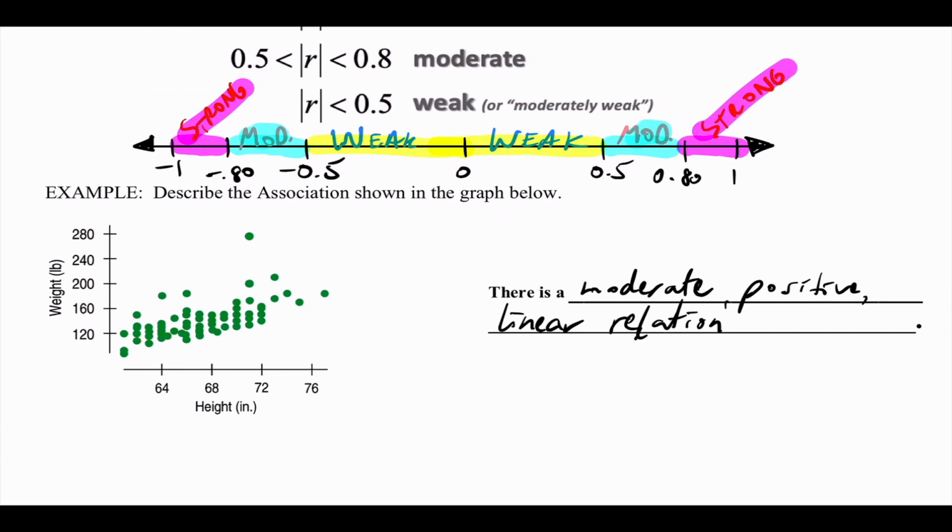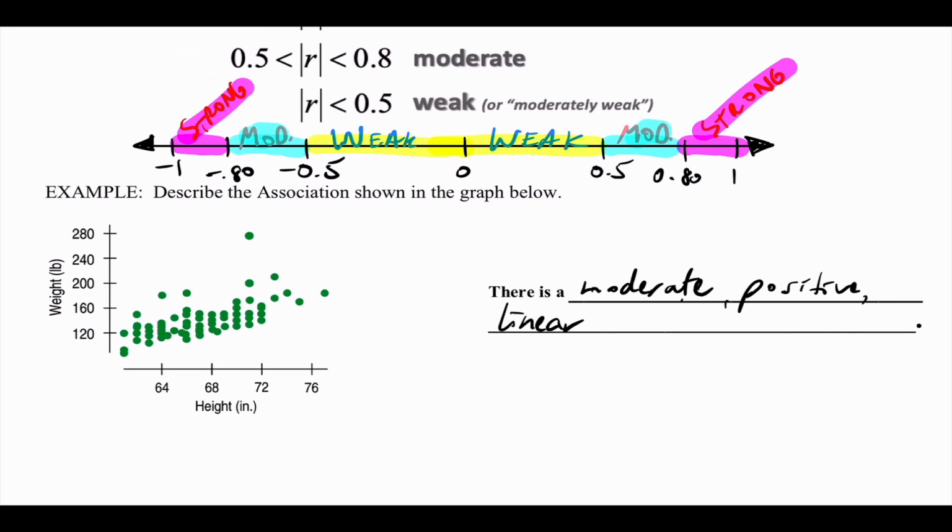Linear relationship or association. Actually, I probably should put association because they ask. But how much of a straight line do all those dots make? Not a very good straight line. I would expect something more like this. That's pretty strong. These dots, they're all kind of doing the same thing.